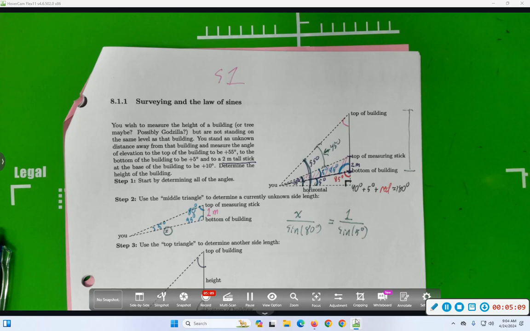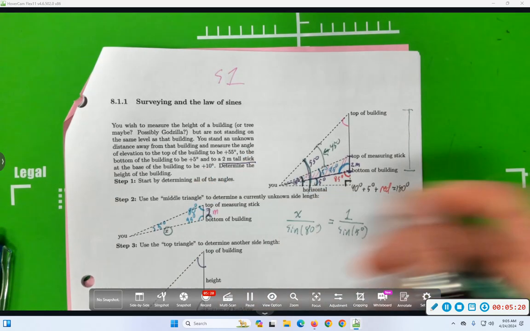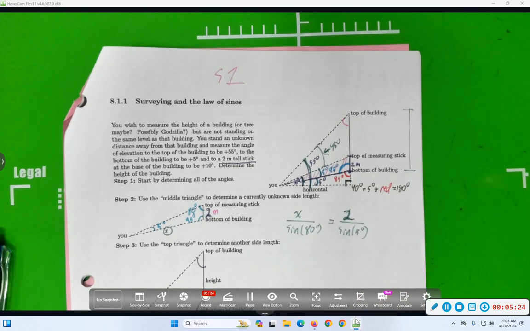Does that look like something we could solve for x? Isn't it supposed to? Yep, it is. That's exactly the type of error that happens when you try to wrap things up in 30 seconds.